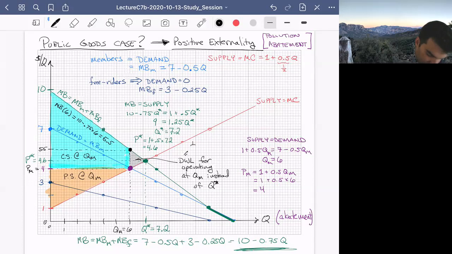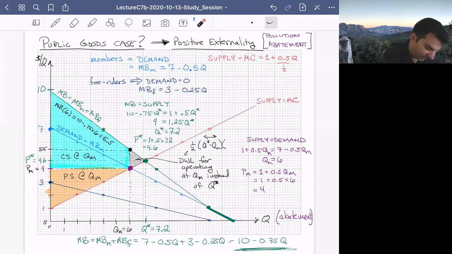For example, that would just be 1/2 times the height of the triangle, which is Q star minus QM. And by height, I'm referring to this direction, so that's kind of the horizontal direction of the triangle. And then the vertical direction of the triangle, I'm referring to this one here, is 5.5 minus PM.